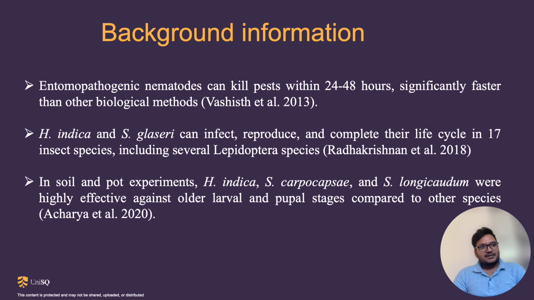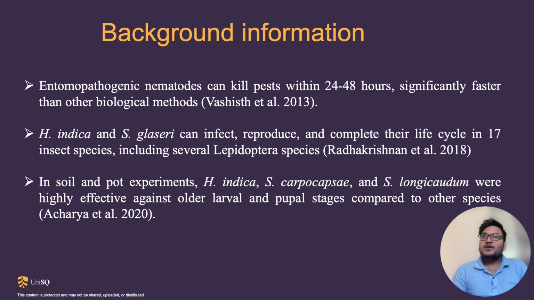The active stage of the entomopathogenic nematode is the third stage, also known as the infective juvenile, and this stage infects the host. There are 23 different families of nematodes that have a parasitic relationship with insects. The species S. indica and S. glaseri can infect, reproduce, and complete their life cycle in 17 species of Lepidoptera, Coleoptera, and Hemiptera insect groups.